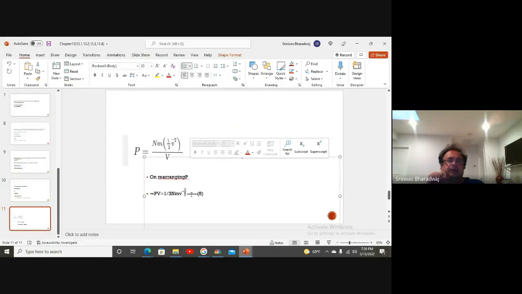So PV equals 1 by 3 nmv square. That lays the foundation, and PV equals nRT.